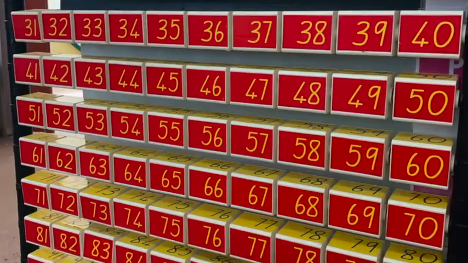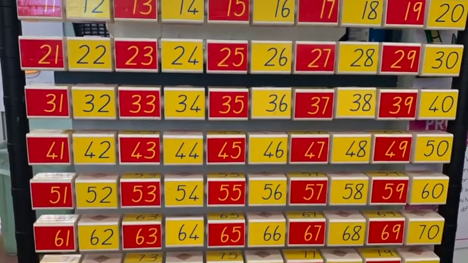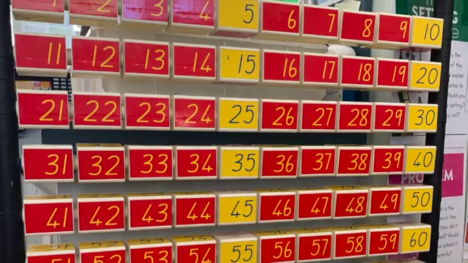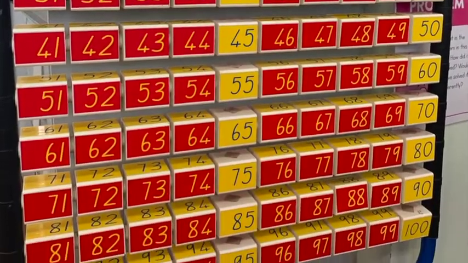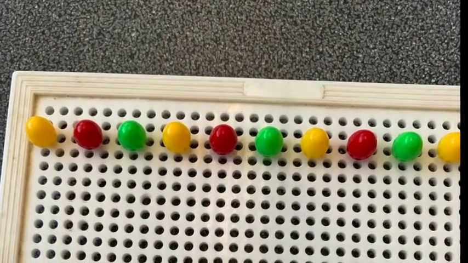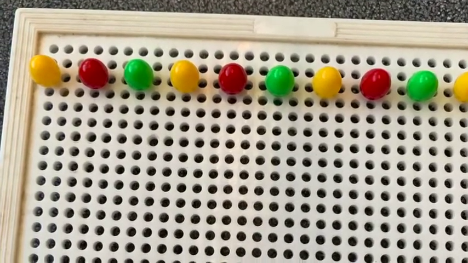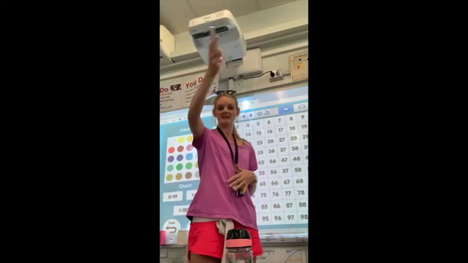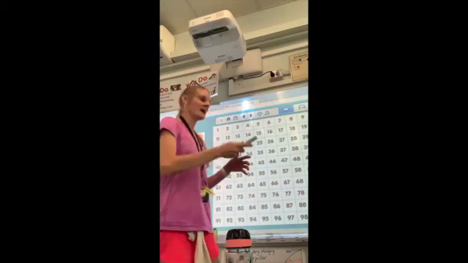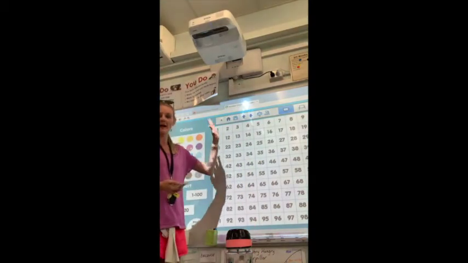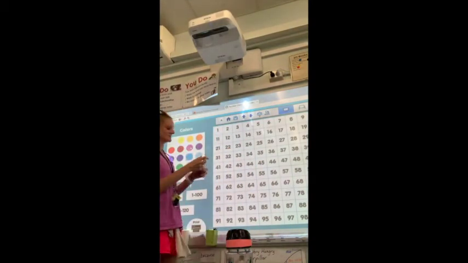Hundreds boards are incredibly useful in a classroom, not only for patterns and skip counting, but visually and physically seeing and moving the numbers will help our students learn and recognise the patterns that they are making. As you can see, I'm wearing a lanyard here which projects my voice around the room, and we've got a 100 board on our interactive whiteboard, and we're going to count in 2s.